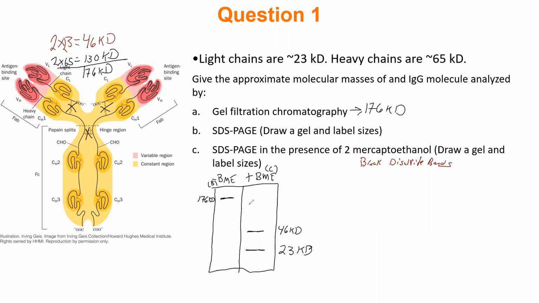Just remember, if you do SDS-PAGE and break disulfide bonds, then we would expect the chains to be independent of each other, and we could weigh them independently. But if we don't break these disulfide bonds, it just looks like one massive protein to us. Hopefully that was a good little refresher on how these experimental techniques work. Any questions about that?